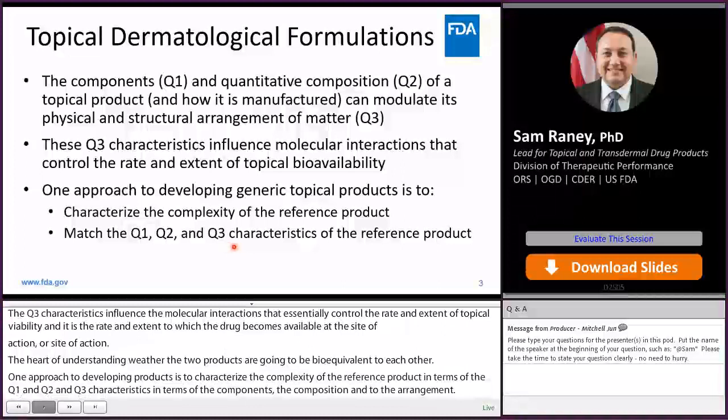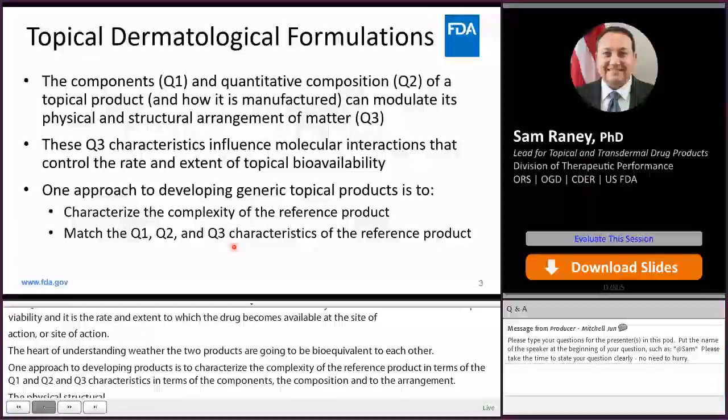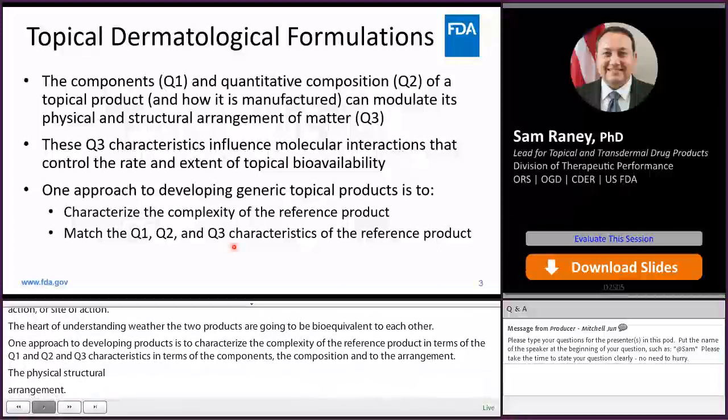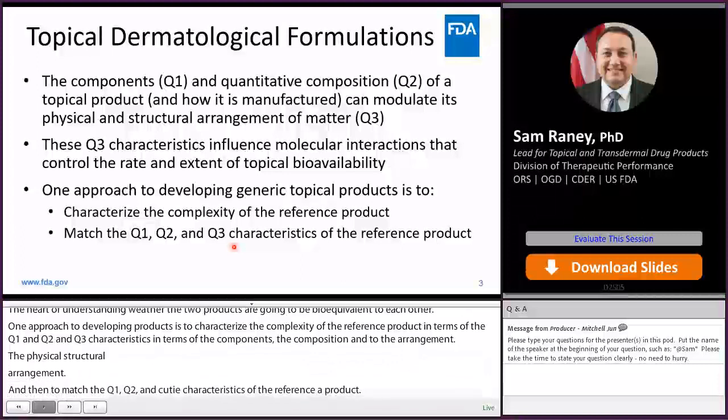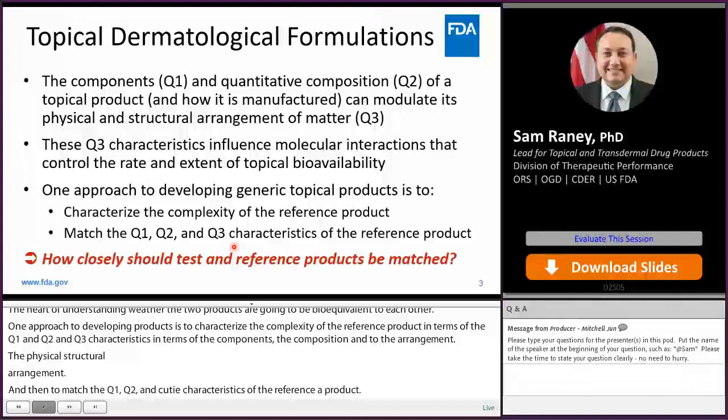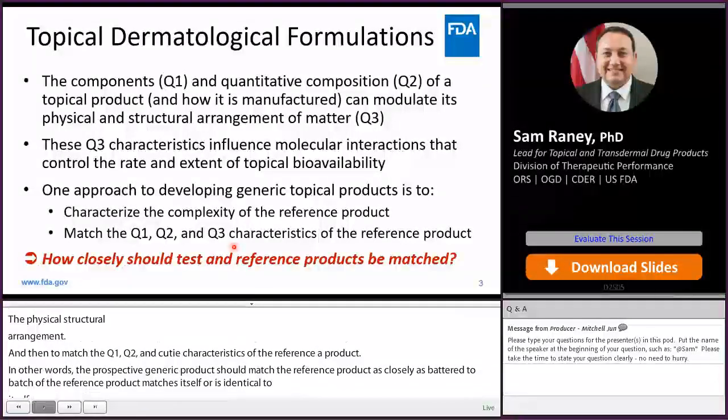In other words, the prospective generic product should match the reference product as closely as batch to batch of the reference product matches itself or is identical to itself. But there can be variation even among batch to batch of the reference product. So this brings up an important question. How closely should test and reference products be matched?